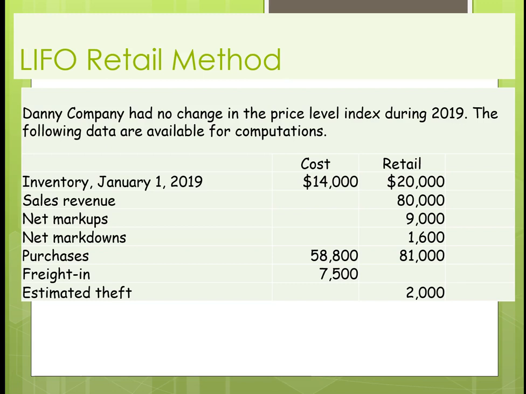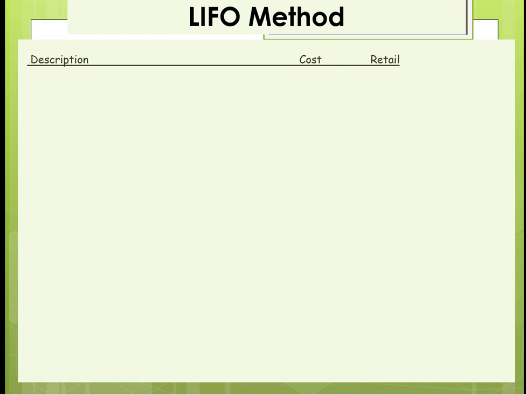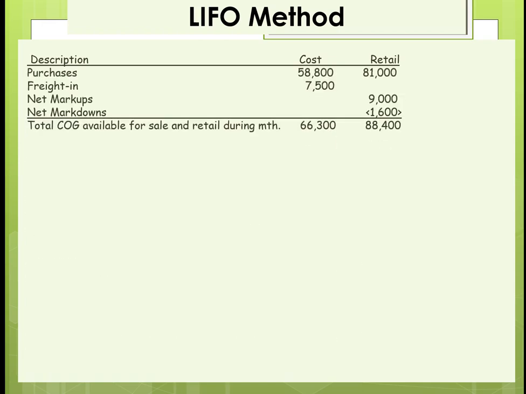All right, here's an example. These are our price level indexes. And now what we're going to do is go through them. So first we start with our transactions during the month, and that gives you your total cost available for sale during the month, and we're going to use that to come up with our layer percentage.